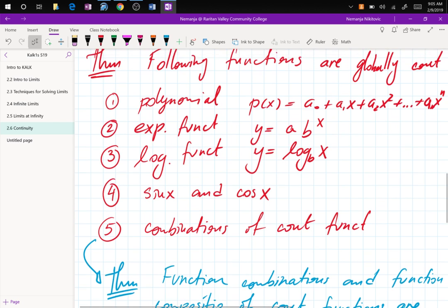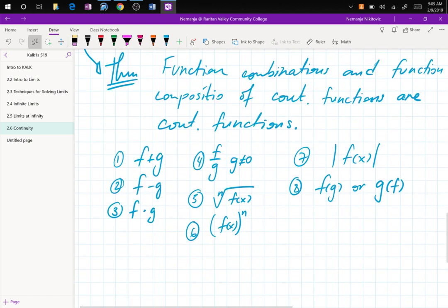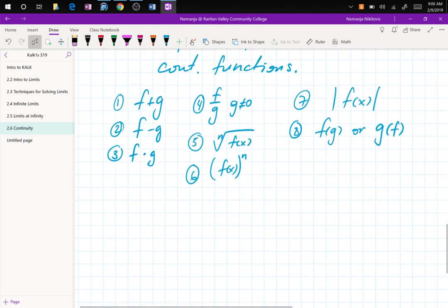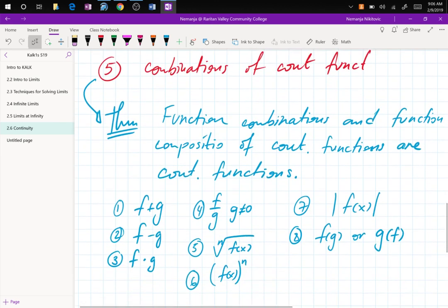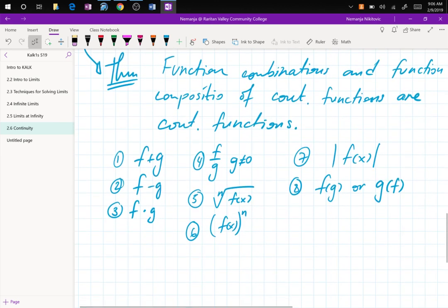We need continuity for certain aspects of the course. So now we know how to find a globally continuous function. If it's a member of this group combined with another function that is also a member of that group in one of these ways, the overall result is a continuous function.